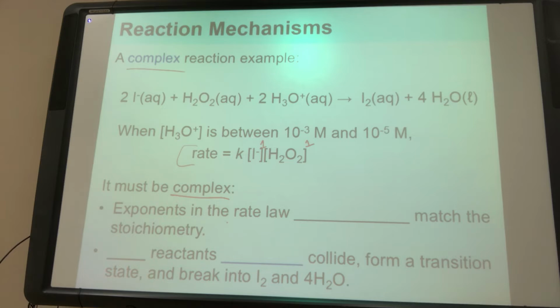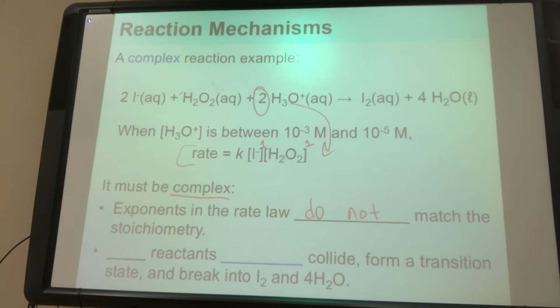The exponents in the rate law do not match the stoichiometry. This is a 2, this is a 1, so that matches, but this is a 2 and it's not even in there. If it's a simple elementary reaction, they should match. But in this case, the exponents don't match. So because they don't match, that should give us a sign.